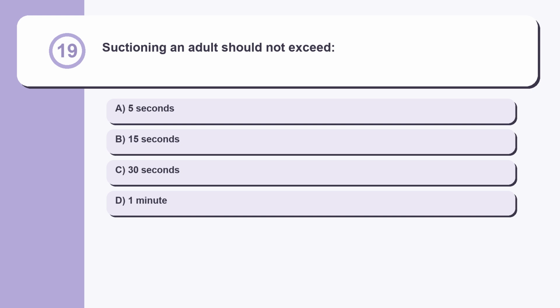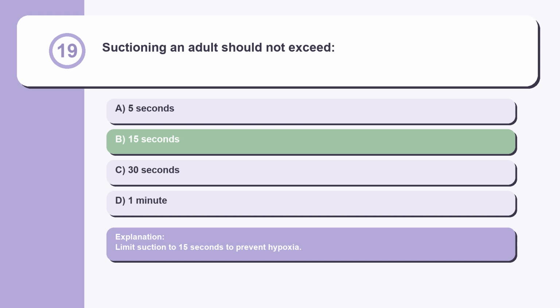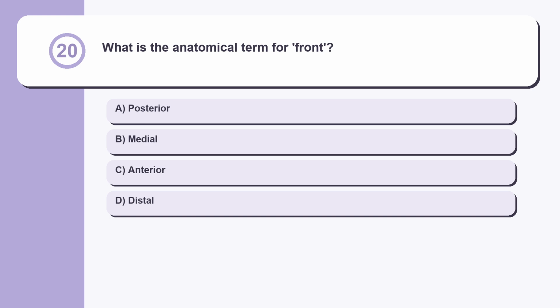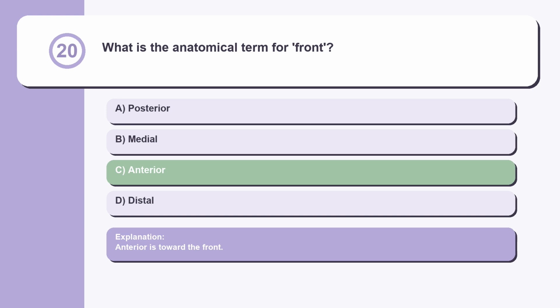Suctioning in an adult should not exceed: 5 seconds, 15 seconds, 30 seconds, 1 minute. Limit suction to 15 seconds to prevent hypoxia. Question 20. What is the anatomical term for front? Posterior, medial, anterior, distal. Anterior is toward the front.